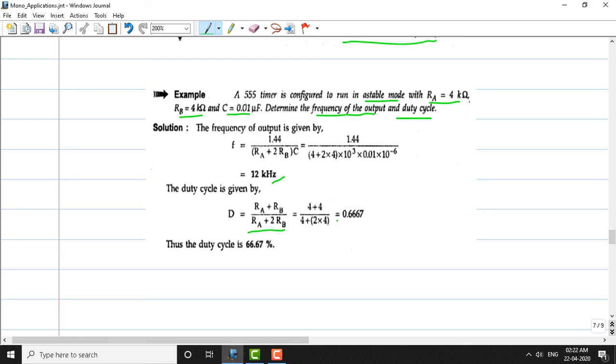If you simplify this, it's going to be 0.6667, so 66.67% is the duty cycle, which is the on time divided by the total time period. So basically this is a rectangular wave, not a square wave. When the duty cycle becomes equal to 50%, it's going to be a square wave.